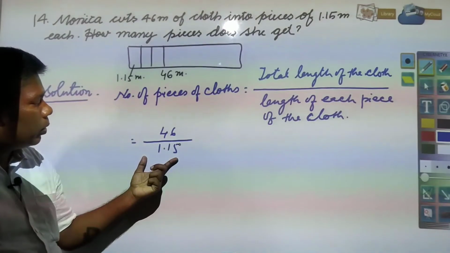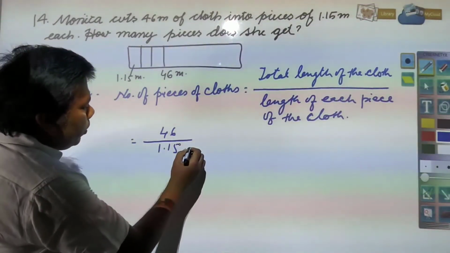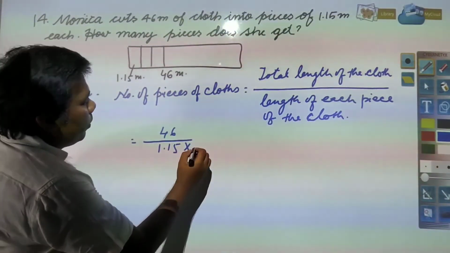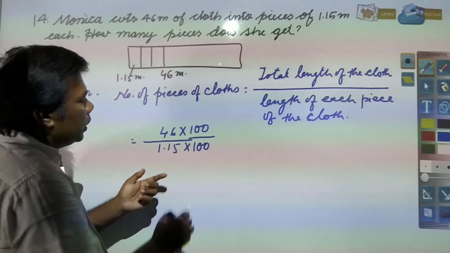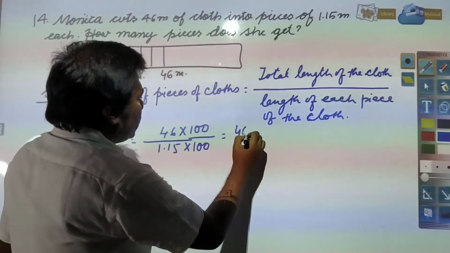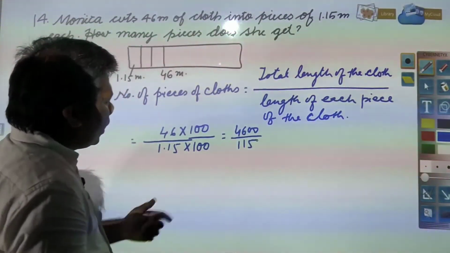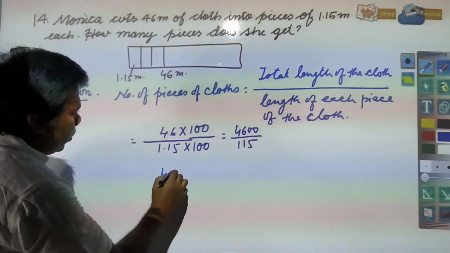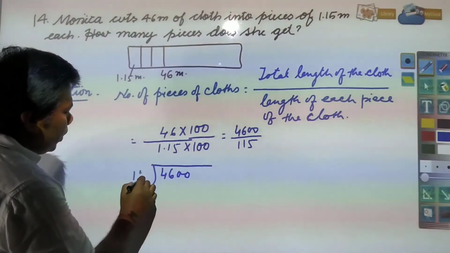As it was told, here you have 2 digits after the decimal, so it is required to be multiplied by 100, since you need to convert this into a whole number. So you will get 4600 divided by 115. Now you divide this. 4600 divided by 115.